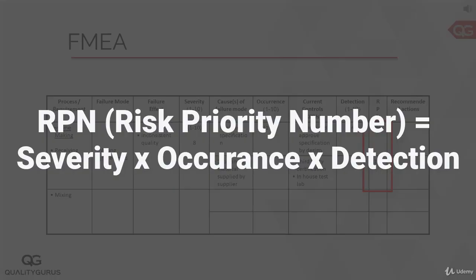You find out RPN by multiplying these three numbers, the one as severity, the occurrence and the detection. And all these numbers are on the scale of 1 to 10. So what that means is, if all these are 10, your RPN could go to 1000. And if all these are 1, your RPN could be 1. So the value of RPN in this case would be anything between 1 and 1000.